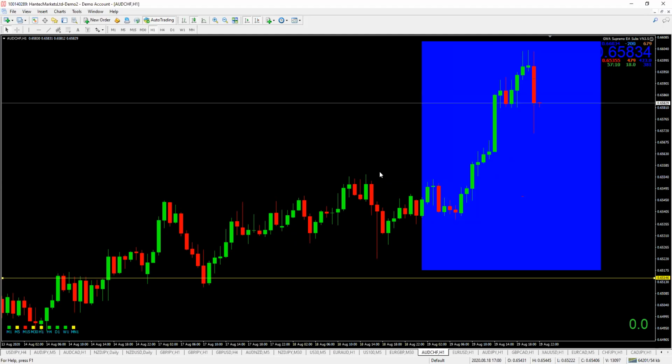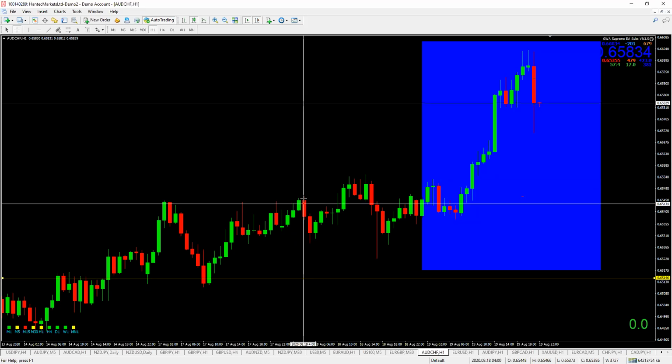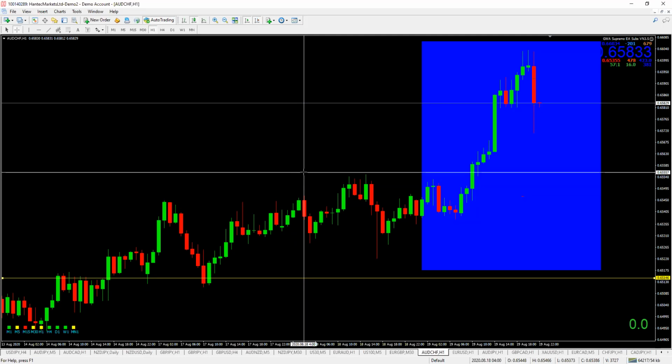Oh, it's going to get easier, guys. You see there was a high here. You can basically come with your crosshair and just follow it to the right-hand side and check the price. There it's 0.65557.